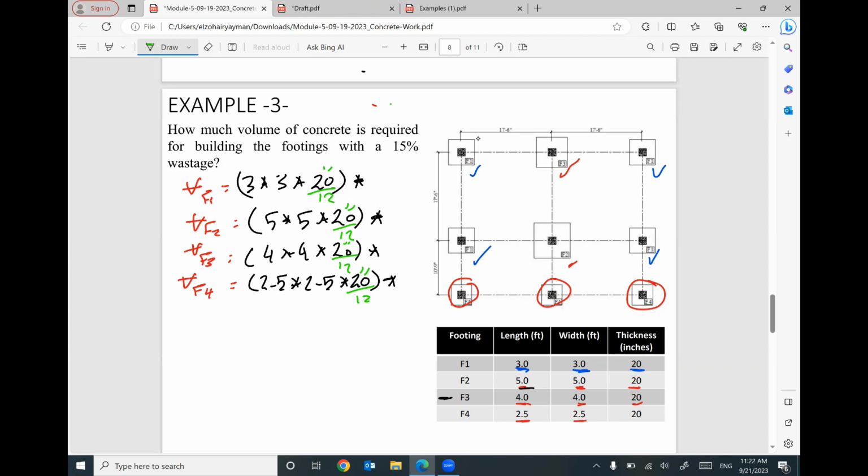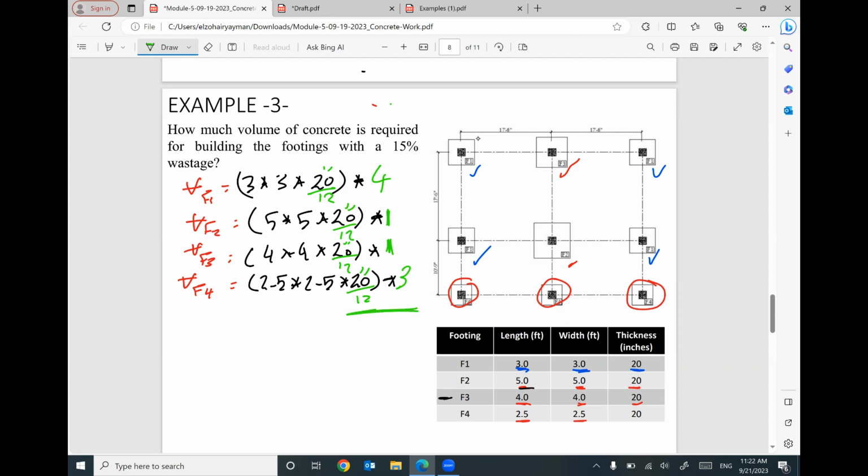Second, F1 is repeated how many times? 4 times. F2 repeated 1 time. F3 repeated 1 time. F4 repeated 3 times. So we have 9.